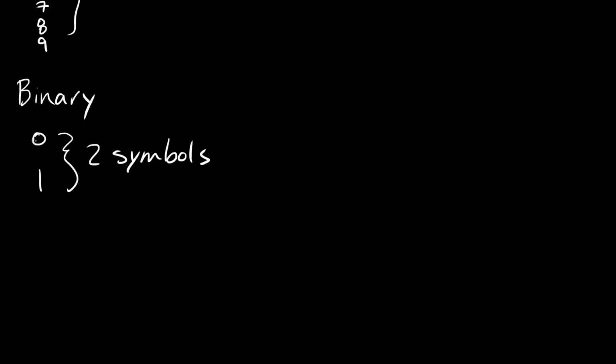If we start at 0 and add 1, we get a 1. But then if we add 1 again, we don't have a symbol to represent what happens after 1. So if we're at 1 and we add 1 again, since there's nothing to represent what happens after 1, we have to go to the next digit, which gives us 1 and then 0. Then if we add 1 to this, we get 1, 1.